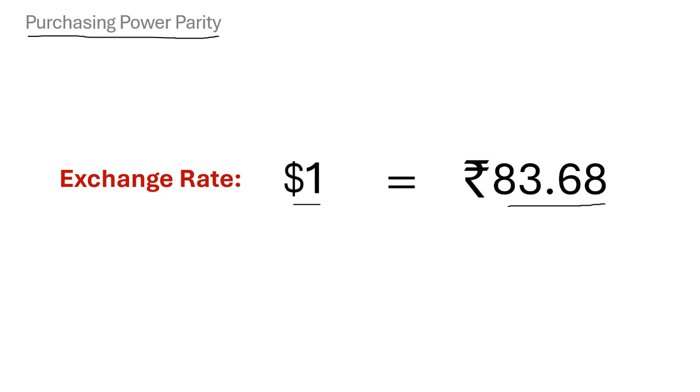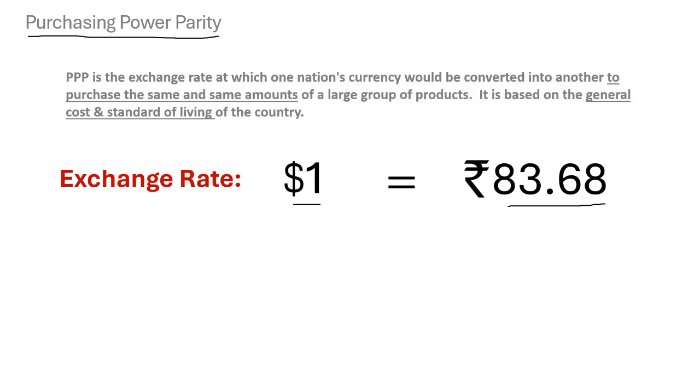This does not mean that any commodity which is sold in the United States for $1 would cost 83 rupees in India. What needs to be taken care here is that the general cost and standard of living in India is not accounted for in this exchange rate. This is taken care by using the exchange rate which is adjusted by purchasing power parity or PPP. PPP is the exchange rate at which one nation's currency would be converted into another to purchase the same commodity and the same amount.